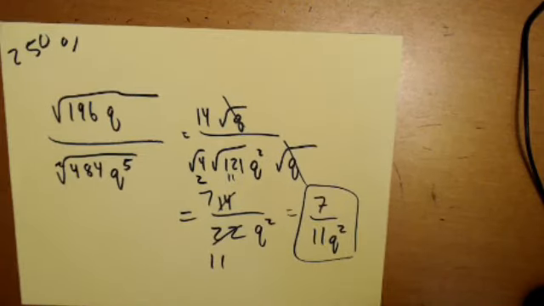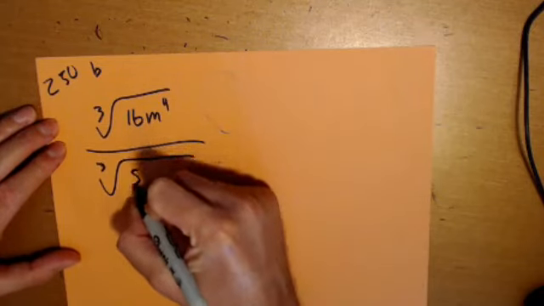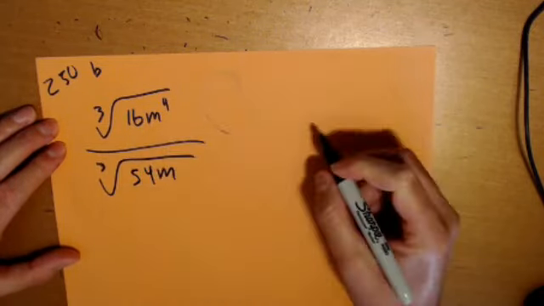250B now. That was part A. B. Cube root of 16 m to the 4th all over cube root of 54m.